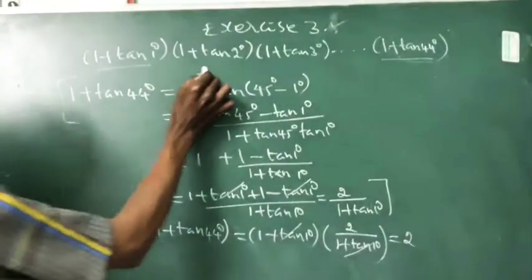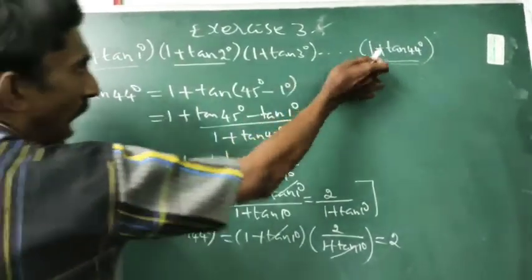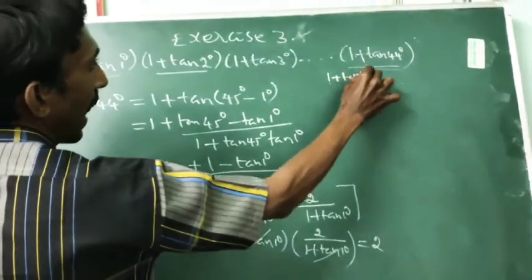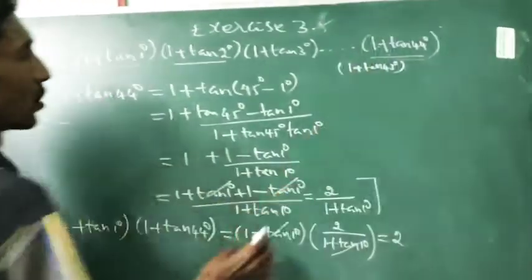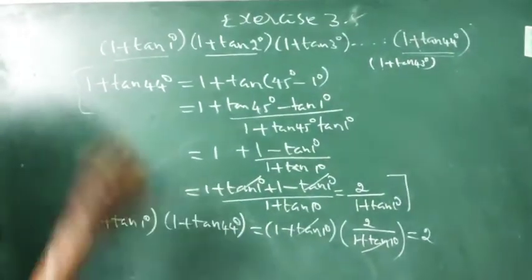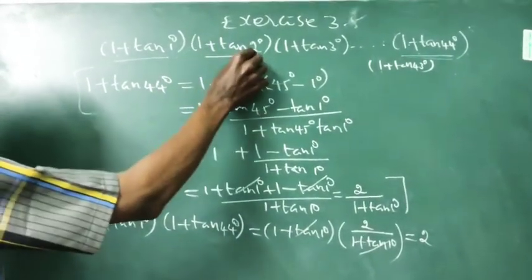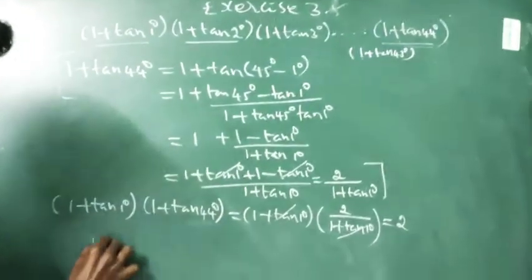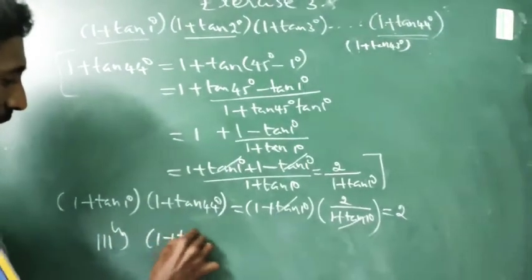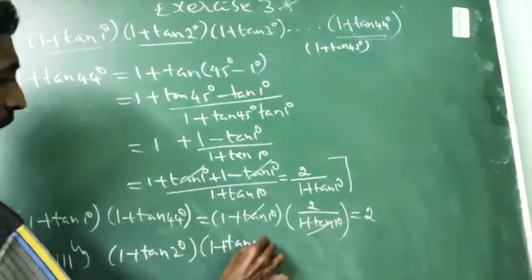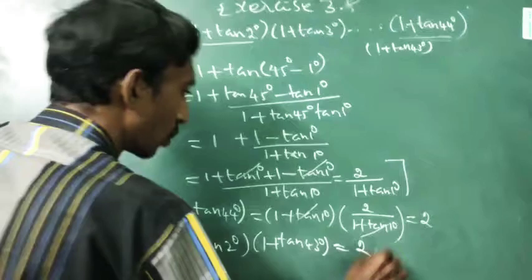Similarly, look at the second term and the last but one term. Last but one term is 1 plus tan 43 degree. If we find the product of these two, again we are getting 2. So (1 plus tan 2 degree) into (1 plus tan 43 degree) equals 2.